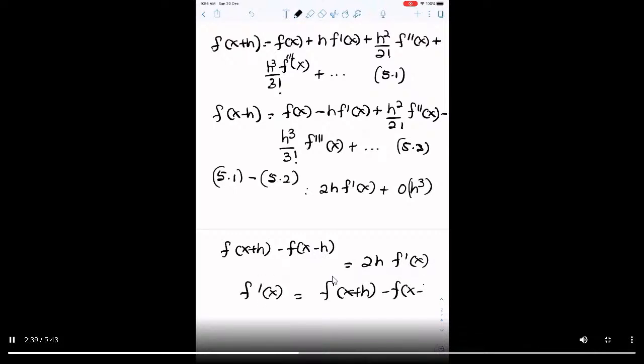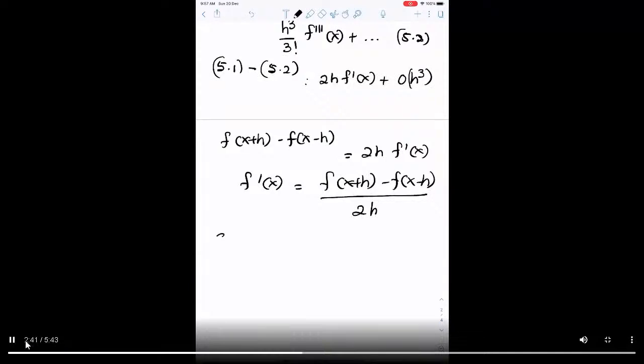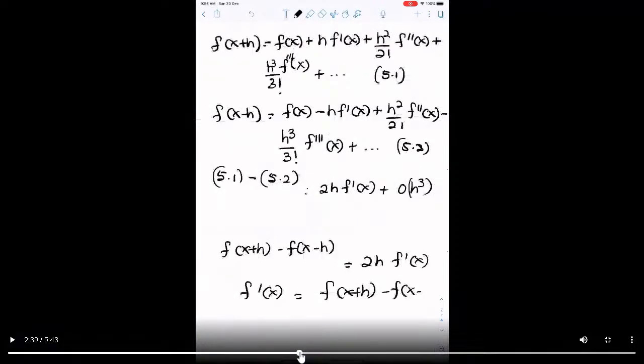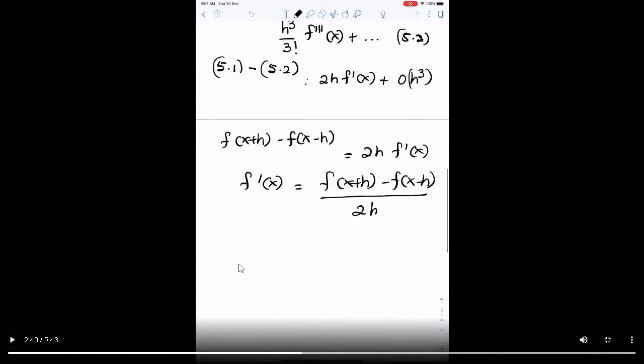So you will get f'(x) equal to f(x + h) minus f(x - h) divided by 2h. Please remember, this is the formula we call the center difference formula for the first order derivative. It comes from Taylor series 5.1 minus 5.2. Very, very easy.